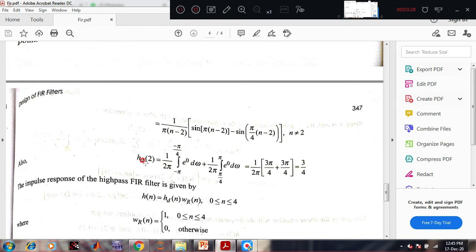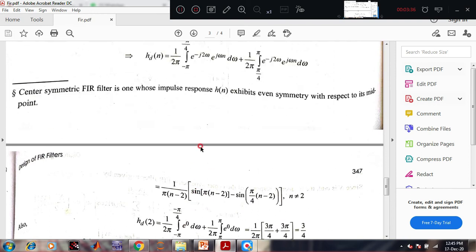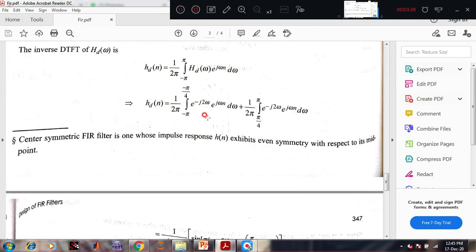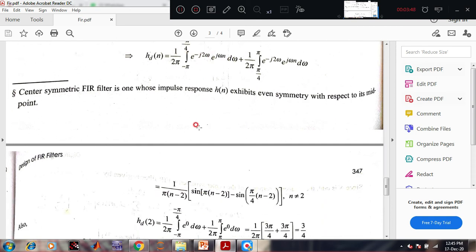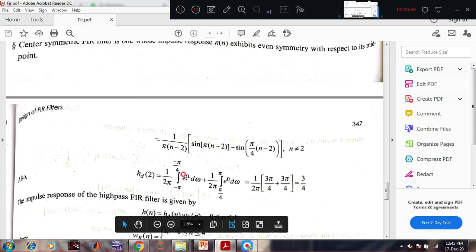it is calculated as Hd of 2 is equal to 1 divided by 2 pi, integral from minus pi to pi. Here e raised to minus j omega n is there, right? And here e raised to minus j 2 is there, omega is common, so you will get n minus 2. If I take n equal to 2, here it is 0, and e raised to 0 is 1.